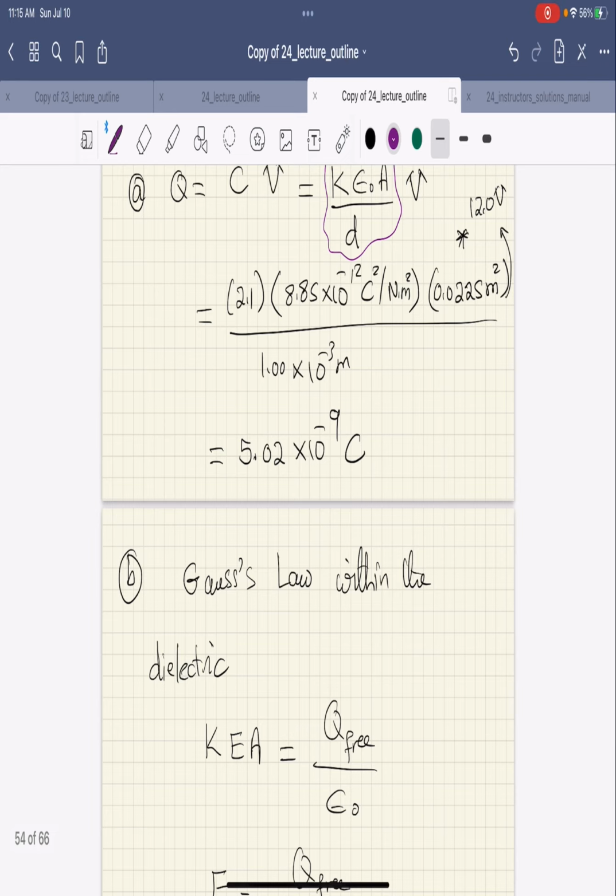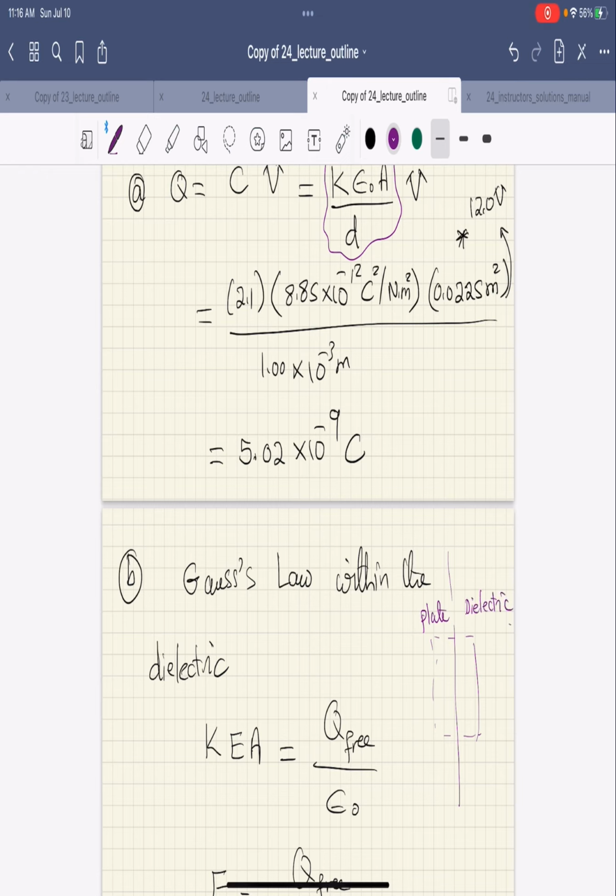Now, when I apply Gauss's law with the dielectric, remember we said we create a Gaussian surface where half of it is in the plate and half is in the dielectric.